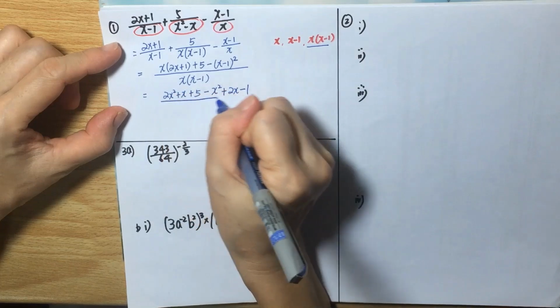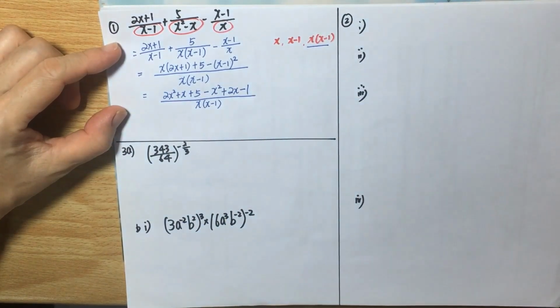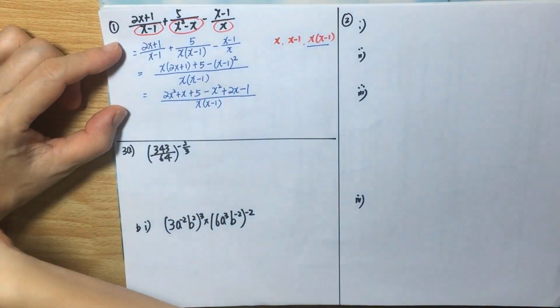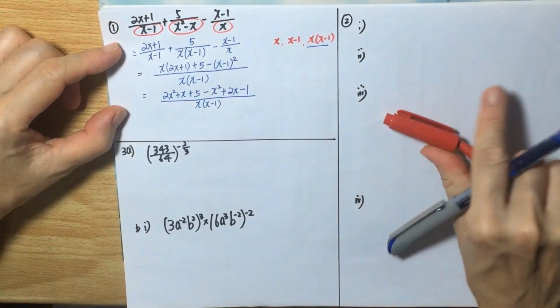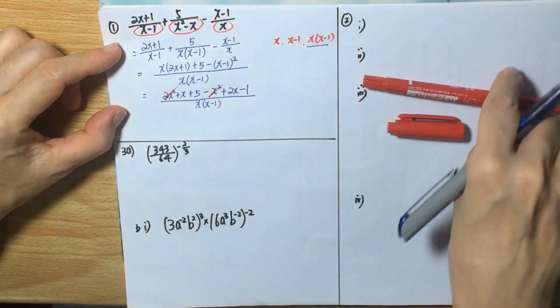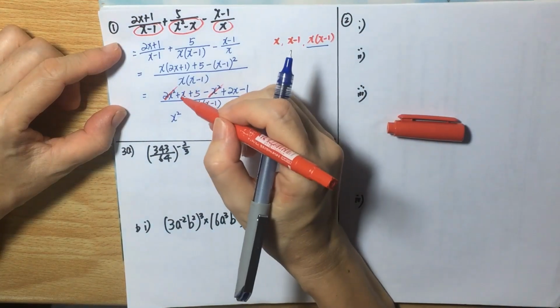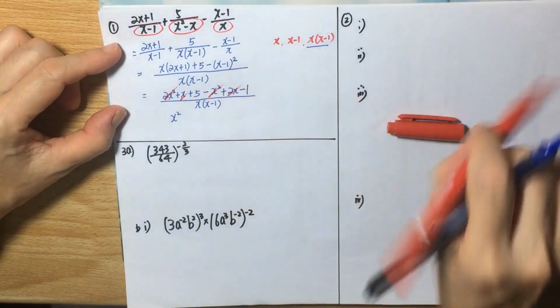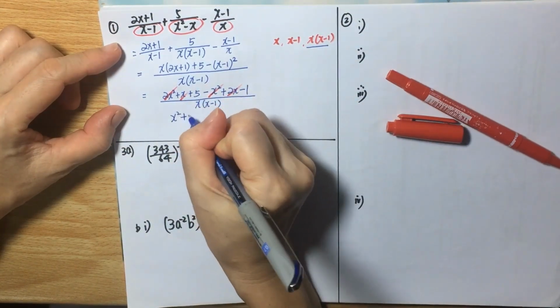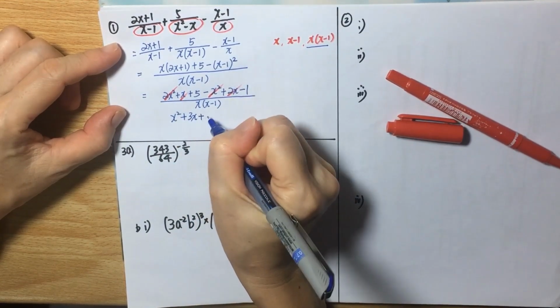So we have these terms, and we simplify: 2x squared minus x squared is x squared, then we have 1x and 2x, so together is 3x, and 5 minus 1 is 4.